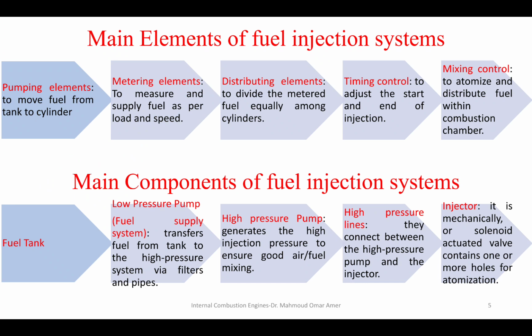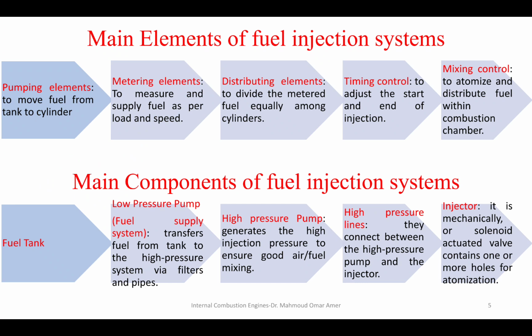So what are the components that are required to achieve the objectives? We will need first the fuel tank to store fuel. We will need a low pressure pump to transfer the fuel from the tank to the high pressure system.